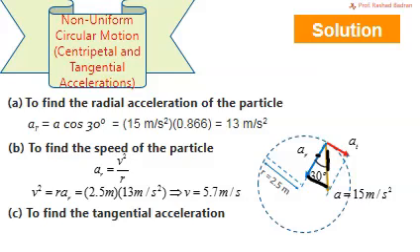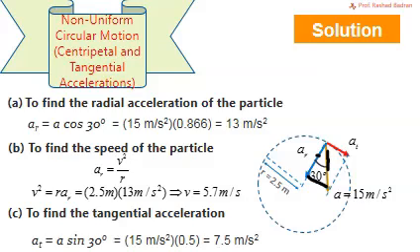To find the tangential acceleration, again, the tangential acceleration is the opposite side of the triangle to the angle 30 degrees. So A sub t is equal to A sine 30, and then you put 15 meters per second squared for the acceleration and you get a tangential acceleration of 7.5 meters per second squared.